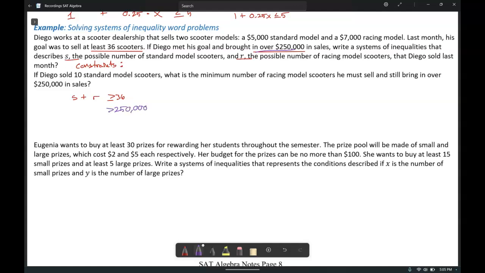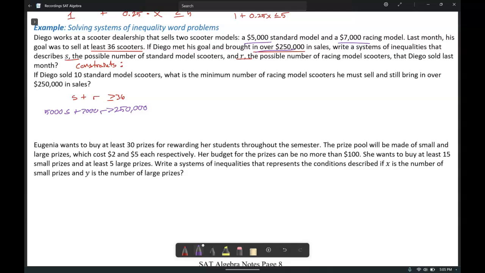And that's going to be based on the sum of the number of scooters sold, but we also have to attach in the price value for each one sold. So $5,000 times the number of standard scooters plus $7,000 times the number of racing scooters.